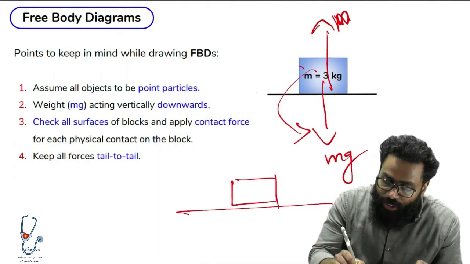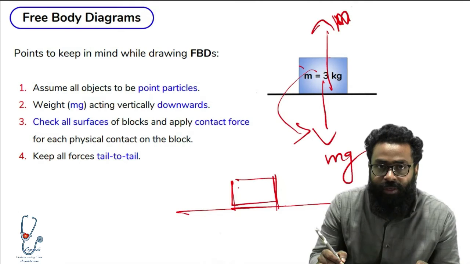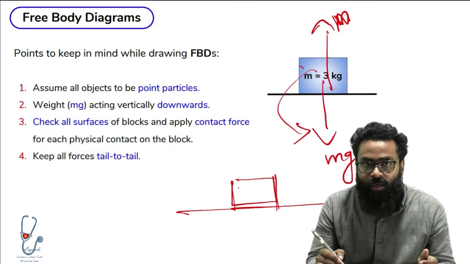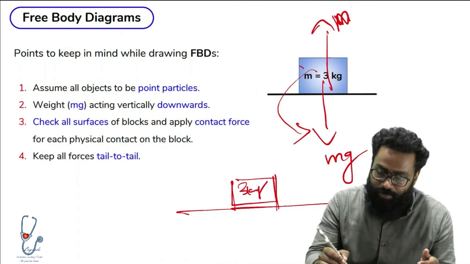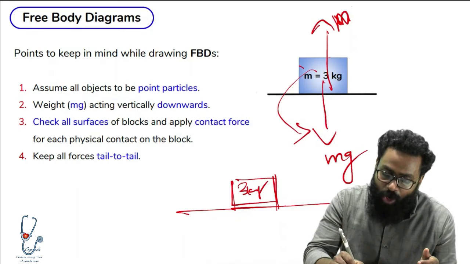For an example, we are given a body placed on a surface, and we draw a free body diagram. A mass of 3 kilogram.